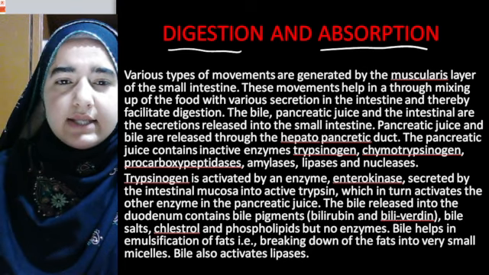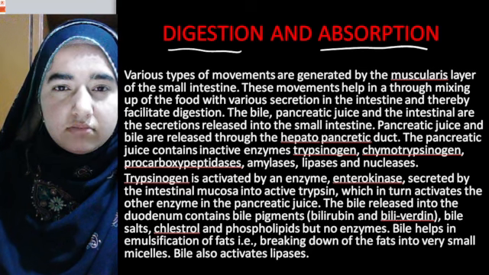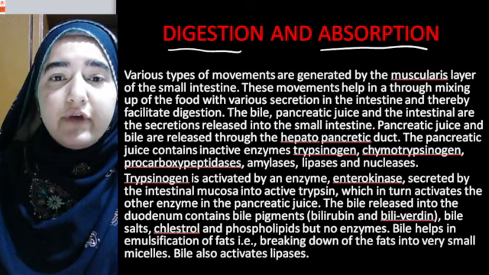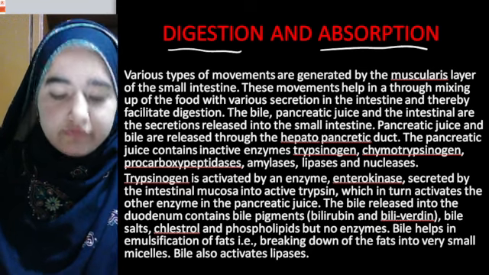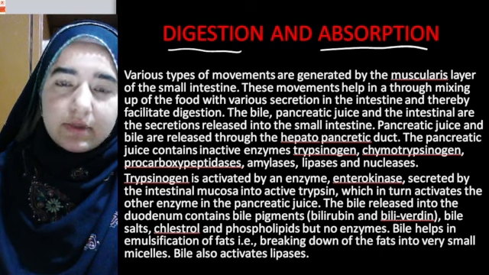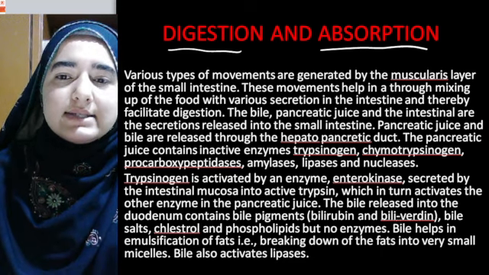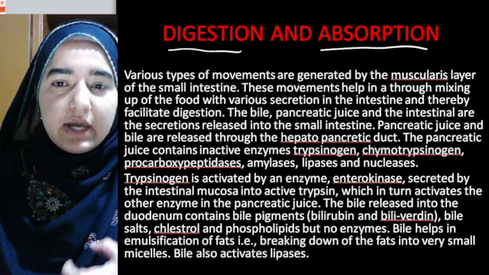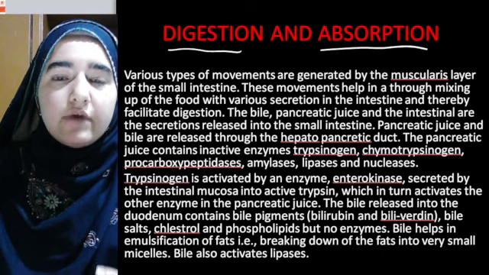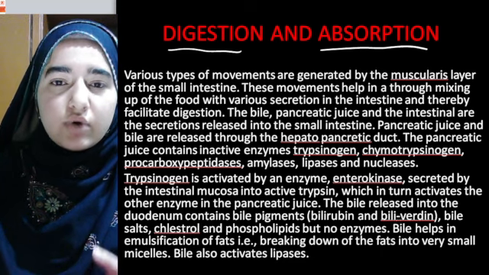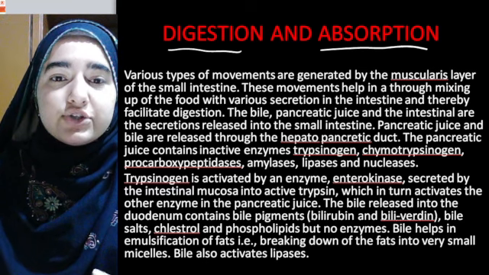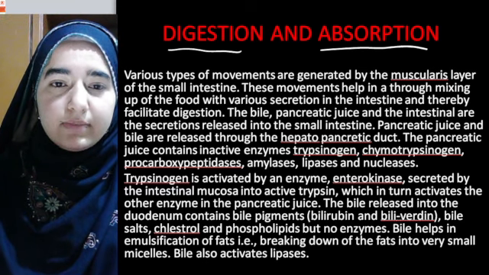Inside our body, various types of movements are generated. The first movement is this peristaltic movement which takes place in the esophagus. Similarly, we have a muscular layer inside the small intestine, which helps in generation of various types of movements.